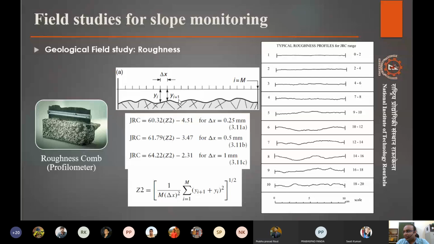But yes, some of these empirical relations, like there was one formula I saw where this difference was there, but on the denominator side they took an average, like this plus this by 2. And here what they have done is given a gradient change, like per unit change in x direction, how much changes in y direction.